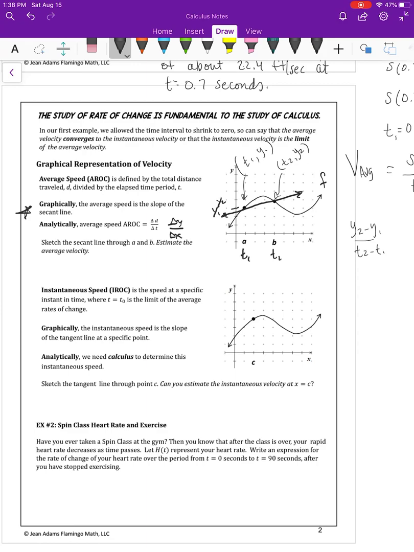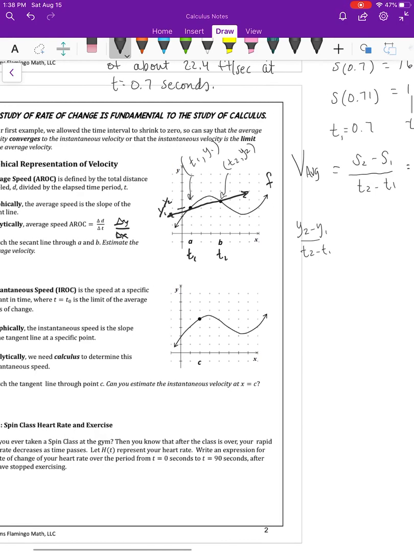So, sketch the secant line through AB and estimate the average velocity. They want you to estimate it by just imagining that this is like 1, 2, 3, 4, and this is 1, 2, 3, 4. So it looks like this a, comma, y of a would be the point 1, 3.